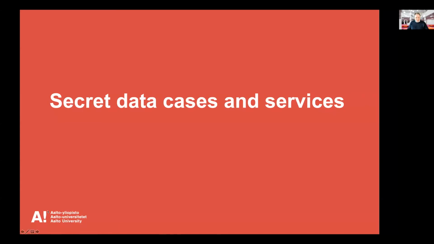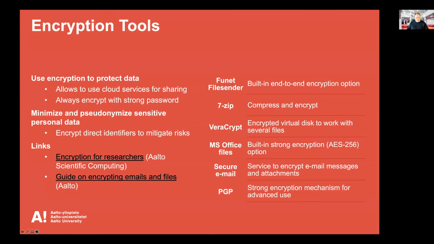So secret cases and services with secret data. When we are handling secret data, the tools and services are evaluated by case principle, because all tools and services are not directly approved for use in all cases, but they can be part of the solution in most cases. So at first we have some encryption tools, which we are using in Aalto.